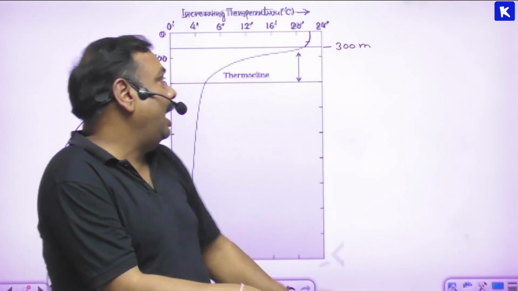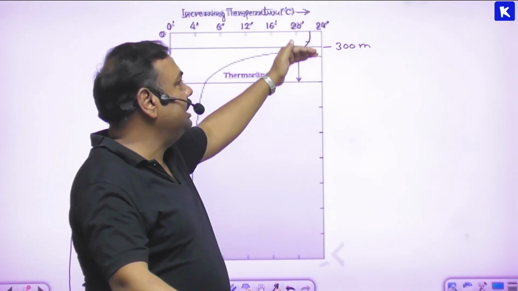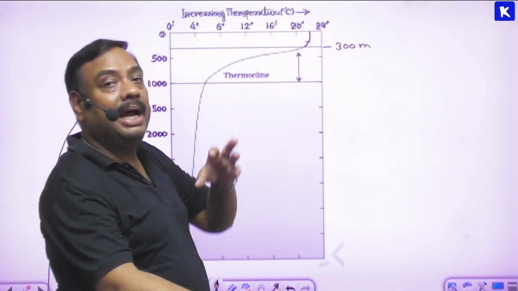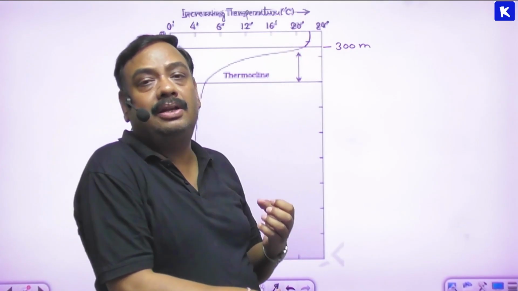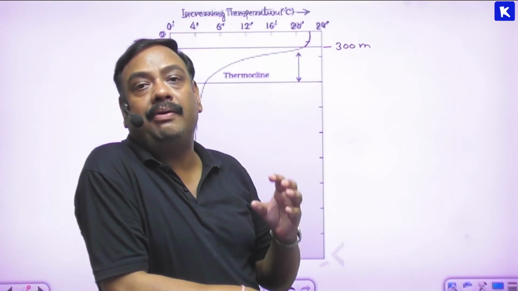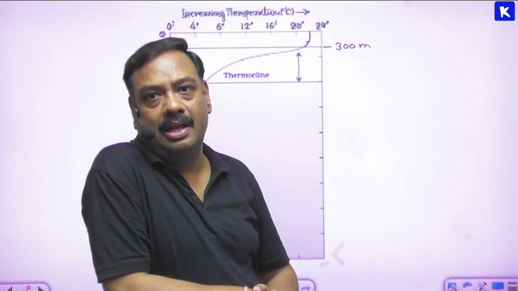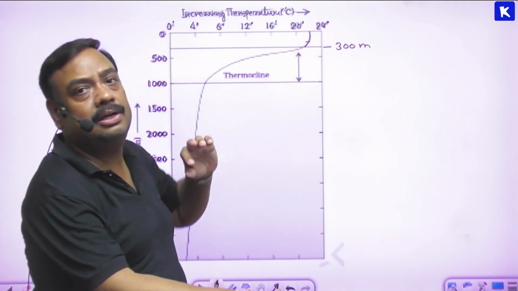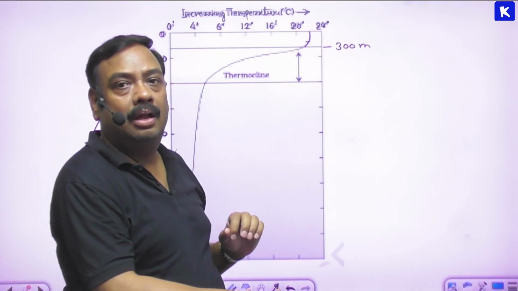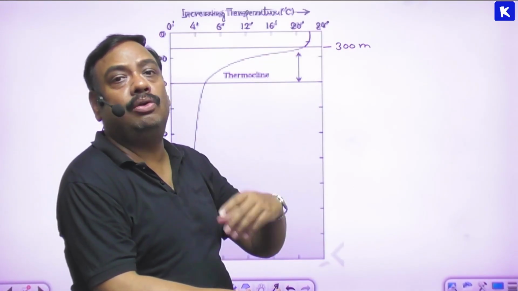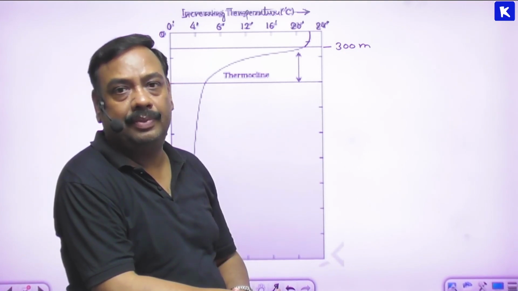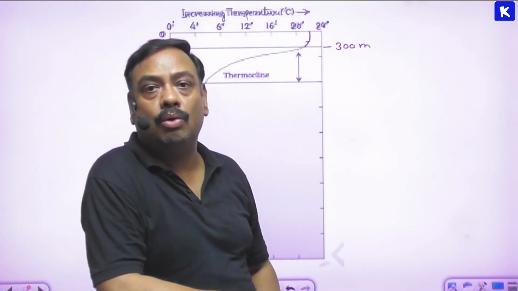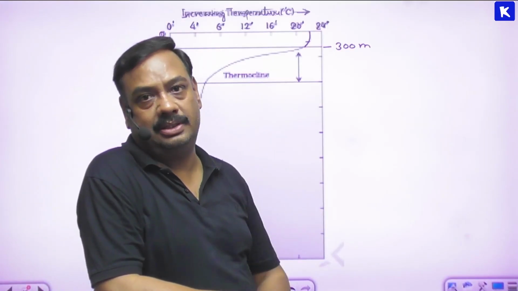That is why the amount of heat which is transmitted from the sea surface gets compensated by the extra heat energy provided by the penetrating solar radiation. So you can observe here that up to 200 meters of depth, the temperature does not change much. There is very insignificant change in the temperature of the ocean water up to the depth of 200 meters.